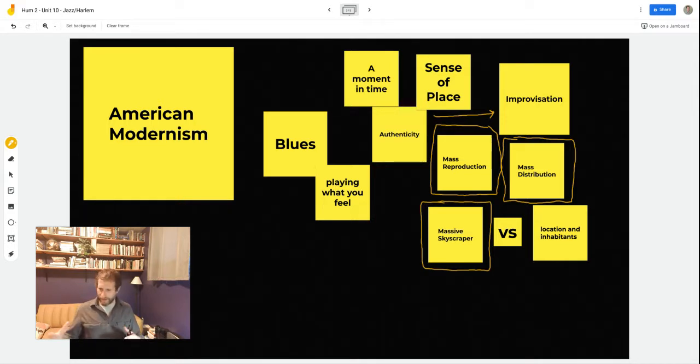And there's that conversation, the call and response that we'll be looking at in the text, is all going to be part of this raw naturalness that can't exactly be reproduced. Yes, you can record it, but the next night, the next gig, it's going to be completely unique and completely new. And so I think some of this improvisation is really a challenge to this mass production, mass distribution.